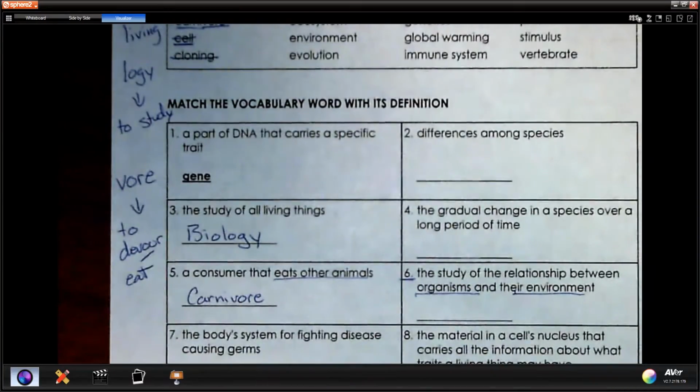Is ecology organisms and the environment? Or is it going to be how traits are passed from parent to child? What do you think? Which one do you think is a better fit and why?